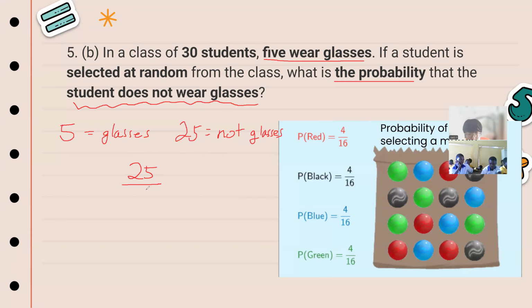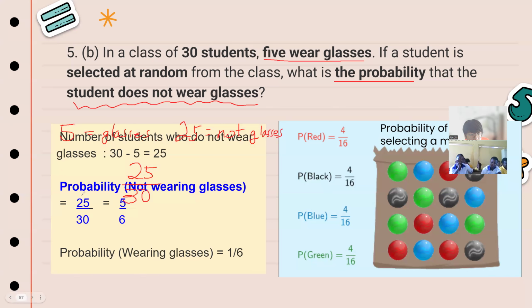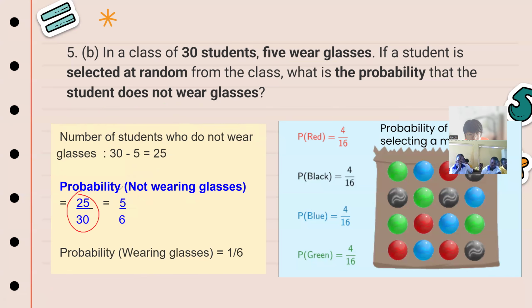What is the total number of students? It's 30, right? So the probability is 25 over 30.